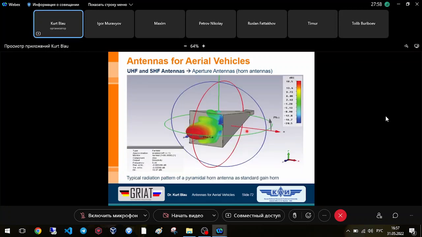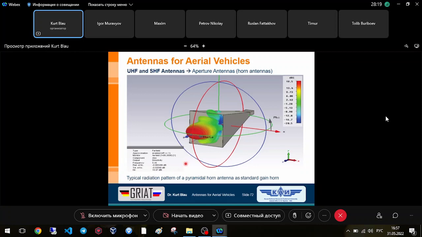Yeah, this is another example for such a horn antenna. Here we can see the frequency 5.35 gigahertz, and we can achieve with such a simple construction a gain of nearly 20 dBi.